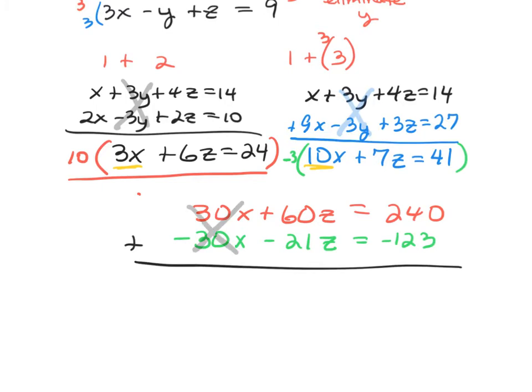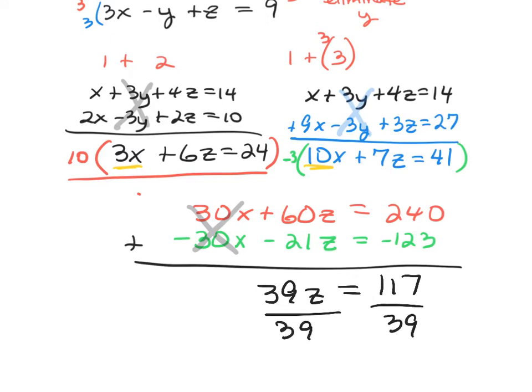The x term cancels. I'm solving for z. So 60 minus 21 is 39z. And then 240 minus 123 is 117. Divide by 39. And I get z equals 3.